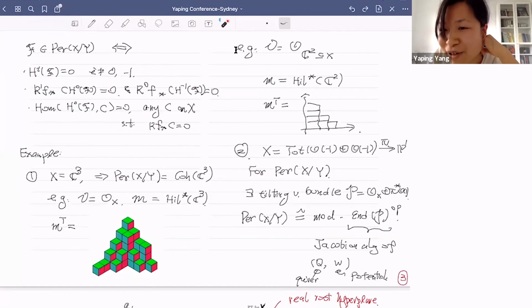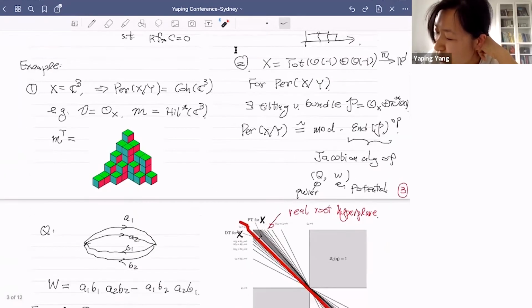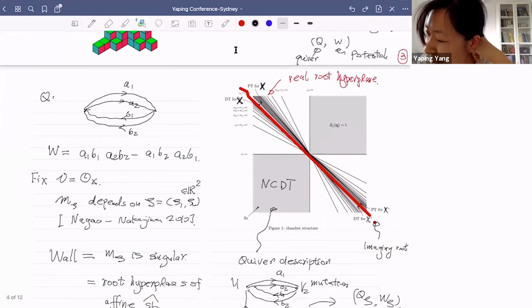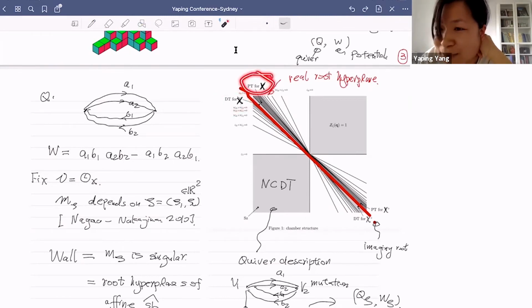So all those invariants, I think people care. Like in this picture, I have the DT and the PT moduli spaces. They are two different moduli spaces, and there's a wall crossing. If you want to compare the DT invariants and the PT invariants, you can never cross this wall, but this thing gives you a way of comparing DT and PT in this picture.